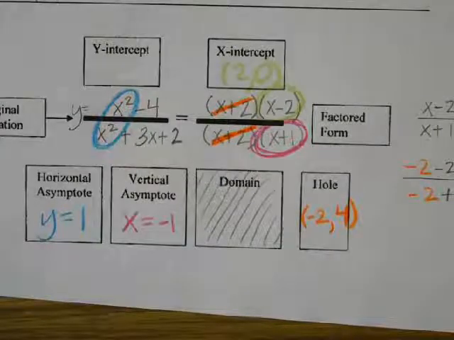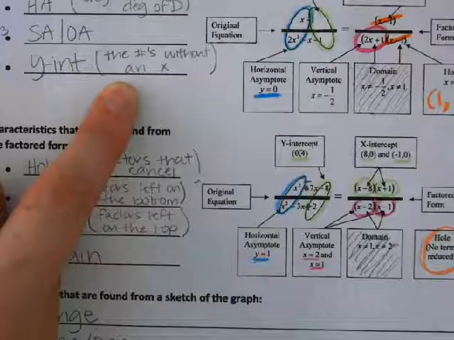All right, and then somebody along the back wall, can you tell me how we get the y-intercept? You can look at your notes. We said y-intercept, we're looking at the numbers without an x.